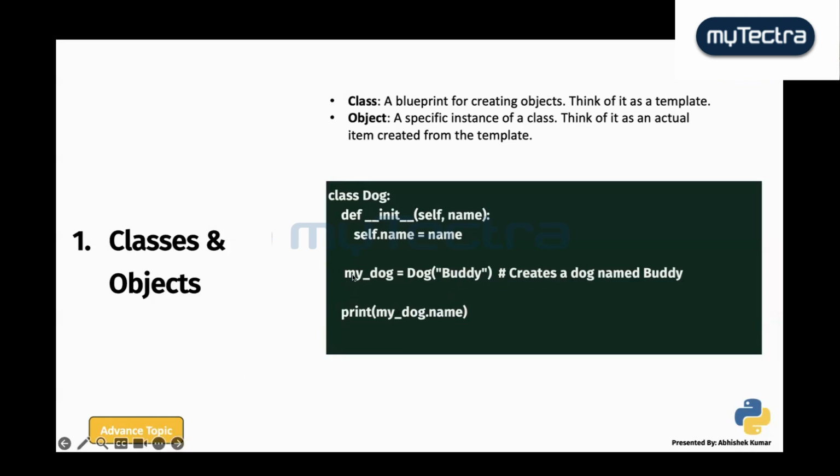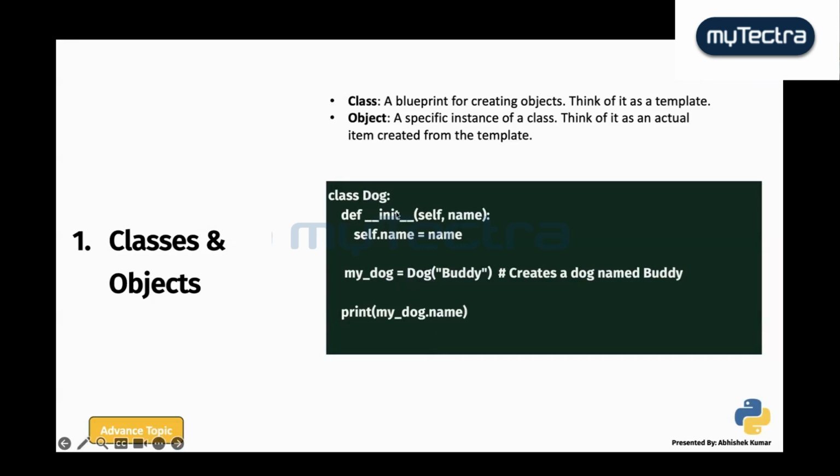See, we have created an object my dog, and we have initiated the class using the Dog class name. The standard format is that class names start with capital letters, that's why capital D, whereas the function name starts with small letters.